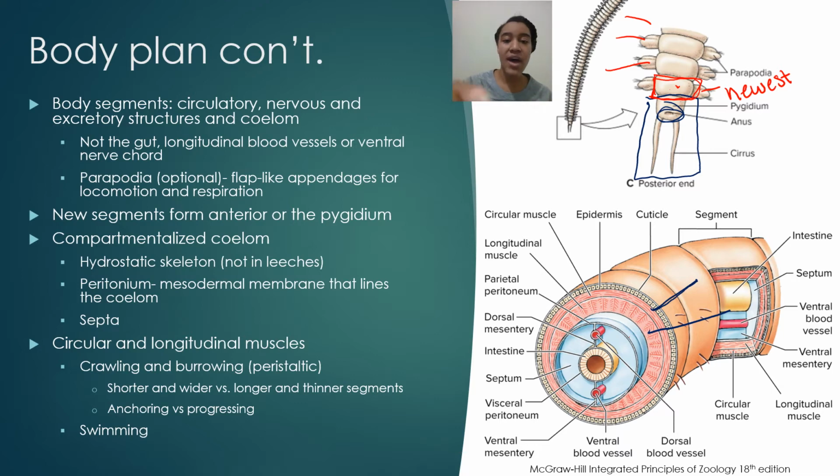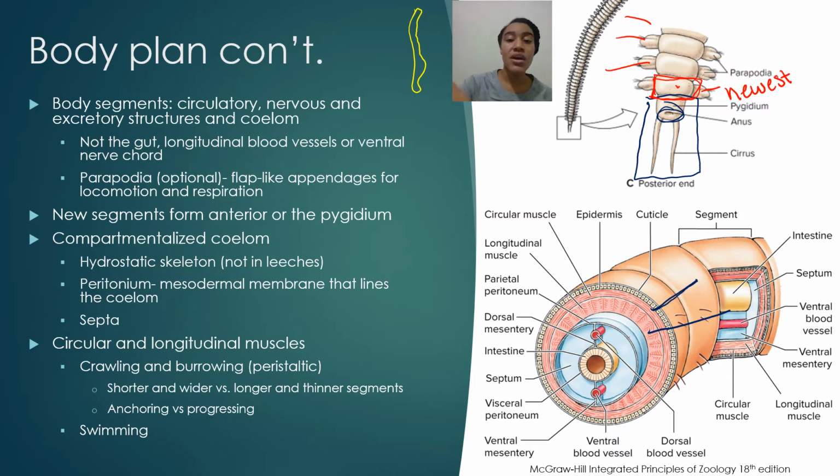So let's say we have a worm, and our worm wants to move down this page, okay? It will need to elongate some sections of the body, and then it will need to expand other sections of the body to anchor itself in place and then project itself forward.